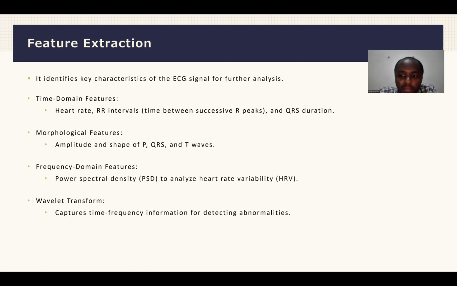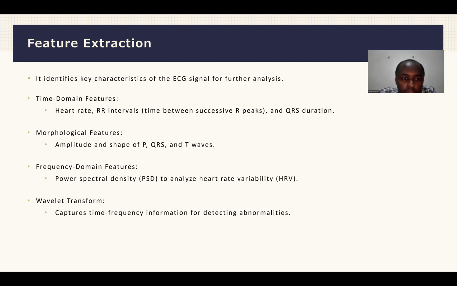They describe amplitude variation, statistical properties, and waveform characteristics over time. Let me proceed to the next part of the slide, which talks about the morphological features. Morphological features are the amplitudes and shape of the P, QRS, and T waves.